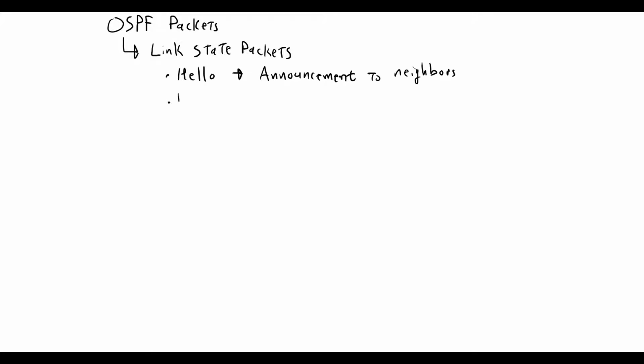The second packet type is a database description. This is the link state summary that the sending node currently has.